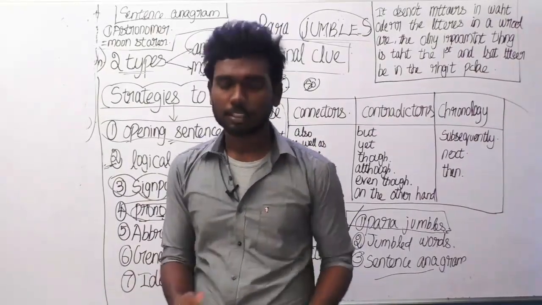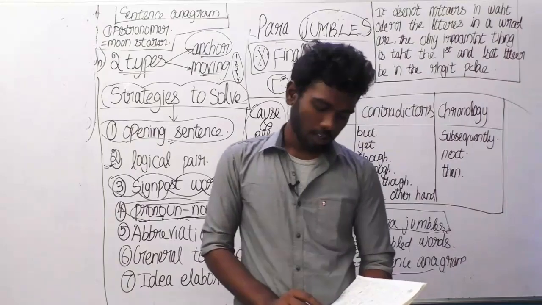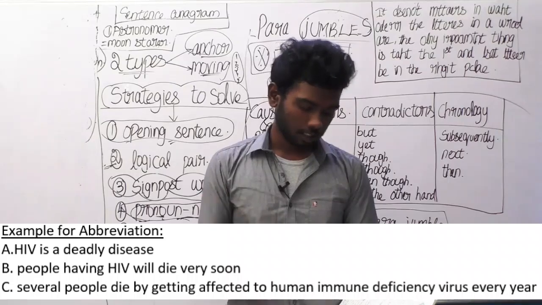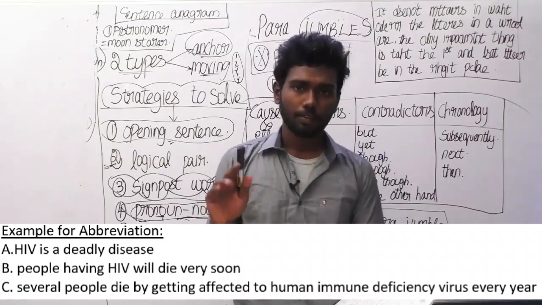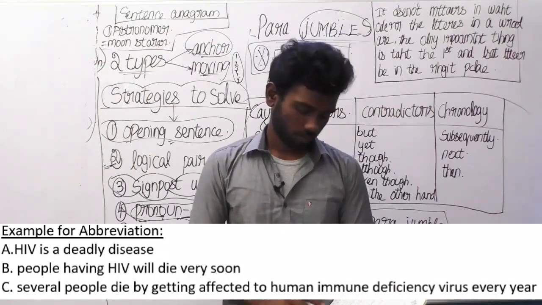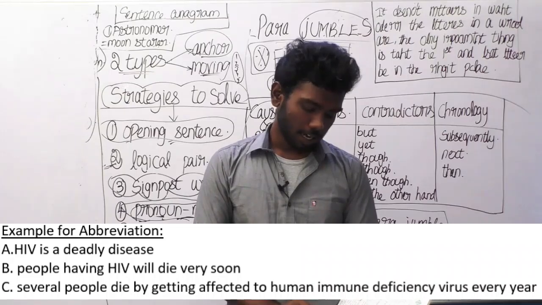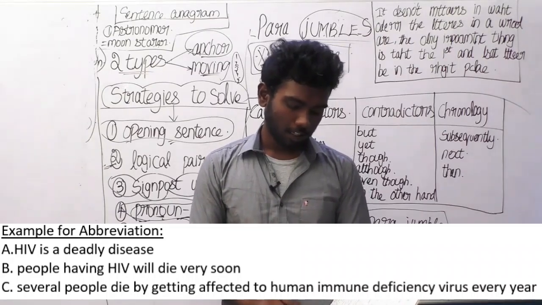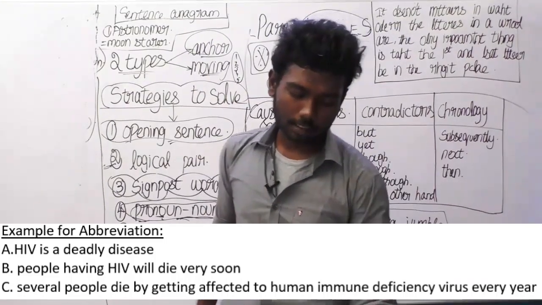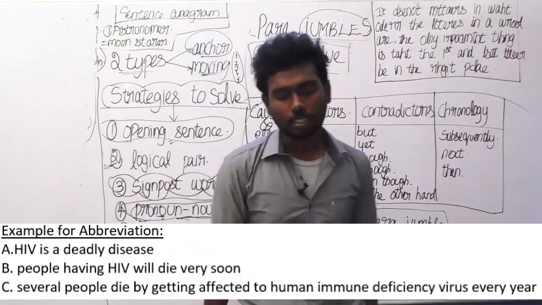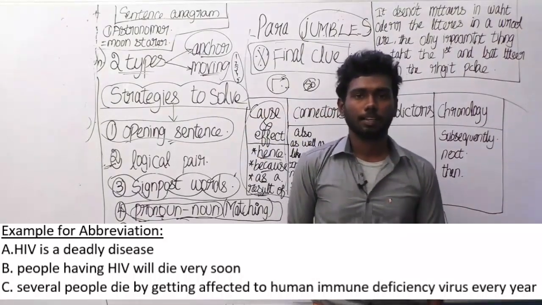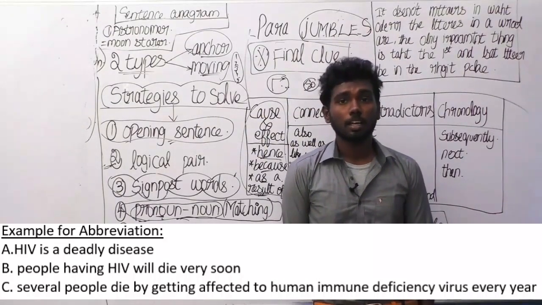Look at this example. If I say an example, it will be easy for you to understand. The example is: HIV is a deadly disease. It is the first sentence. People having HIV will die very soon. Several people die by getting affected by human immunodeficiency virus every single year. These are the three sentences given here, and if you look at them, the first sentence is not going to be the one with HIV, because I said initially they will give you the full form.